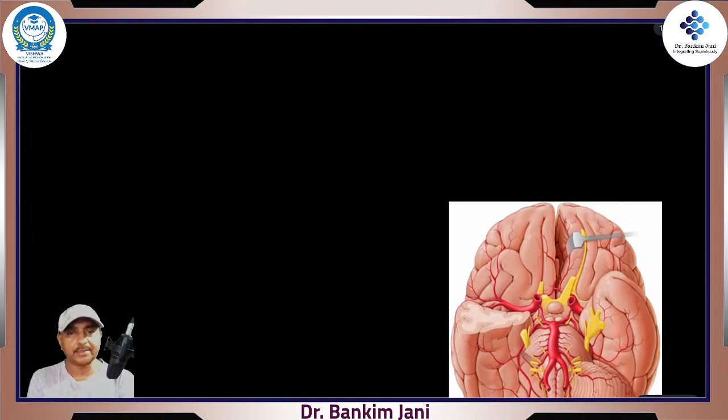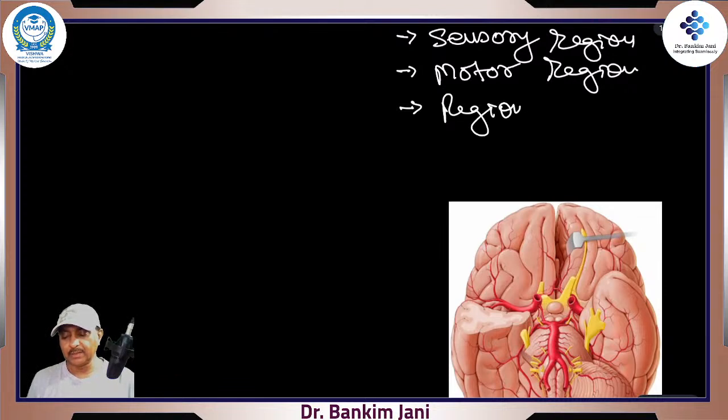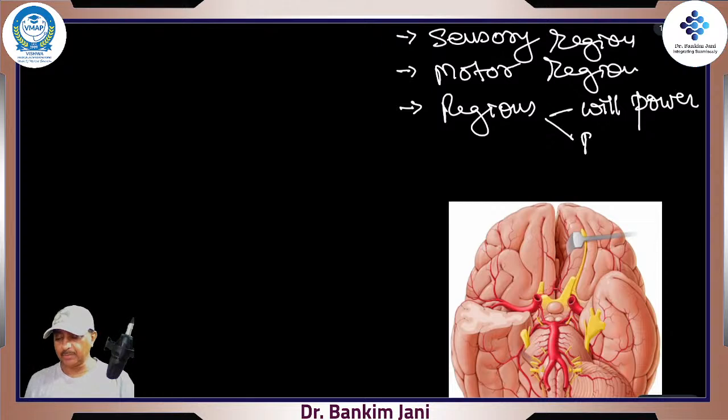So when this anterior cerebral artery supplies the frontal and the medial part, it means it will be supplying the sensory region and the motor region, and the regions which are associated with willpower and with behavior.